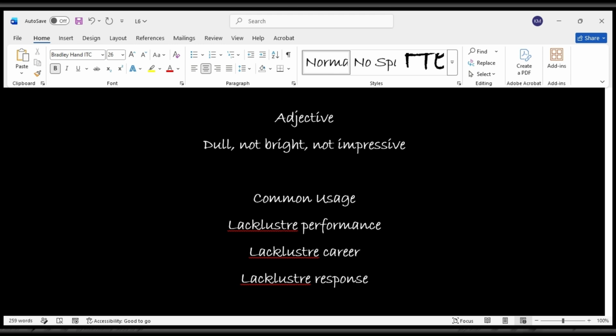Anything that seems dull or looks dull or not bright, not impressive is called lackluster.